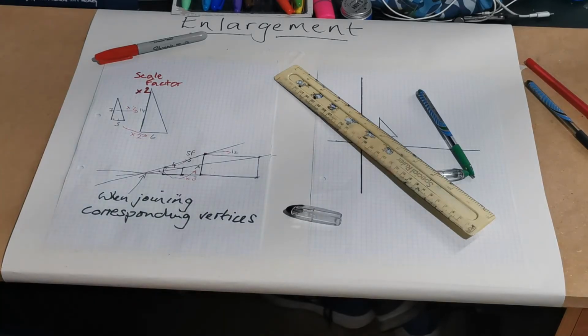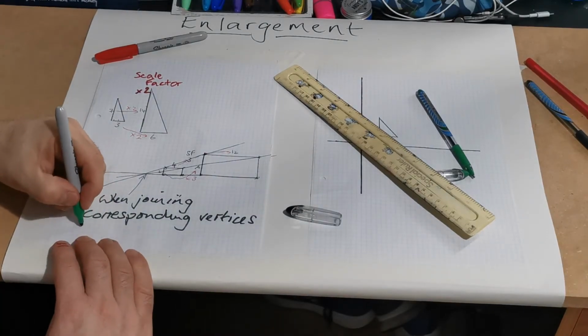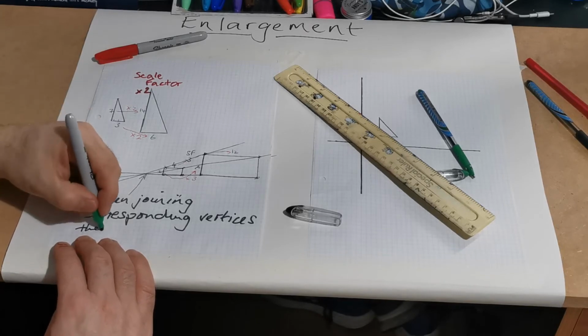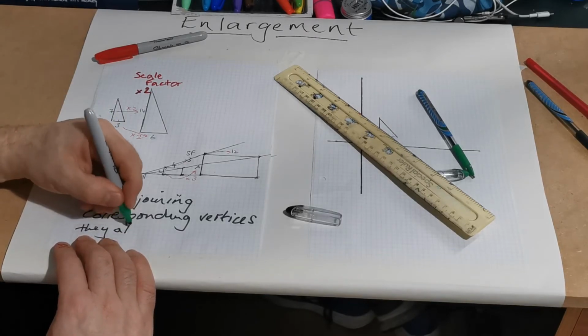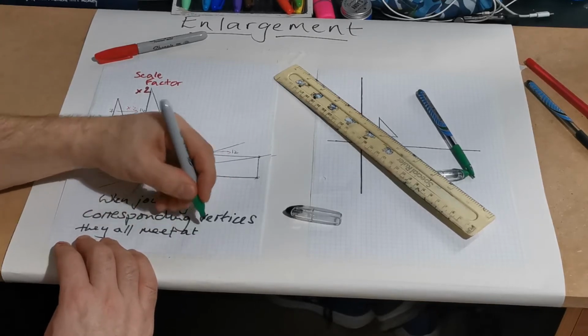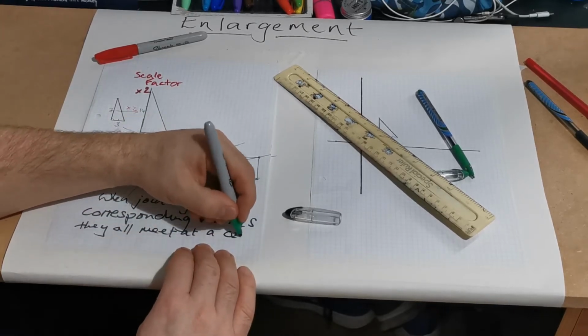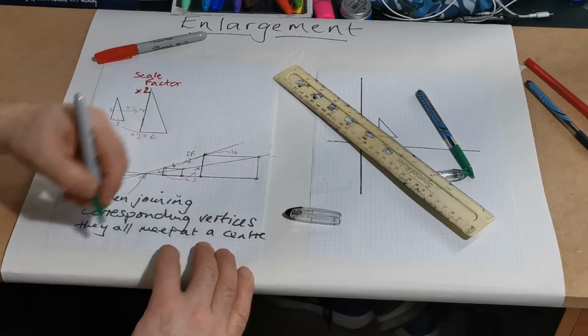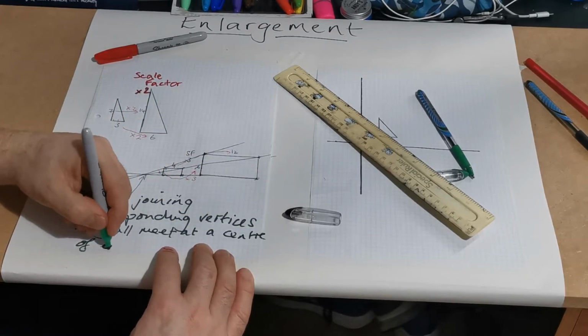When joining corresponding vertices, they all meet at a centre of enlargement.